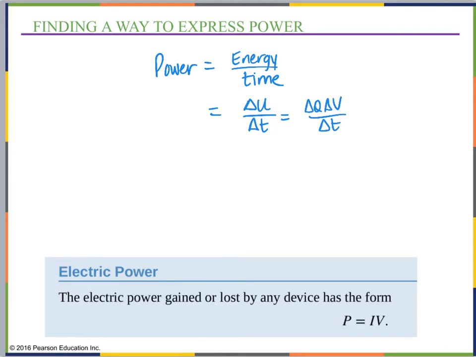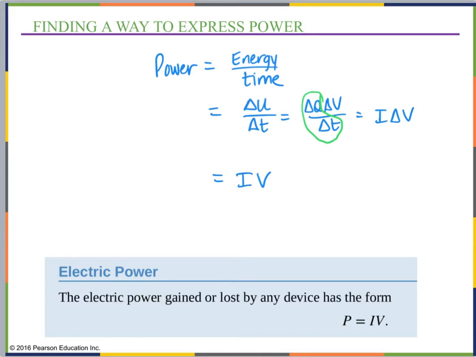But then remember that this expression, delta Q over delta T, is actually current. And when we talk about circuits, usually we don't use the delta V, we just talk about V. It still means the same thing to us. So this is one way that we can express power.